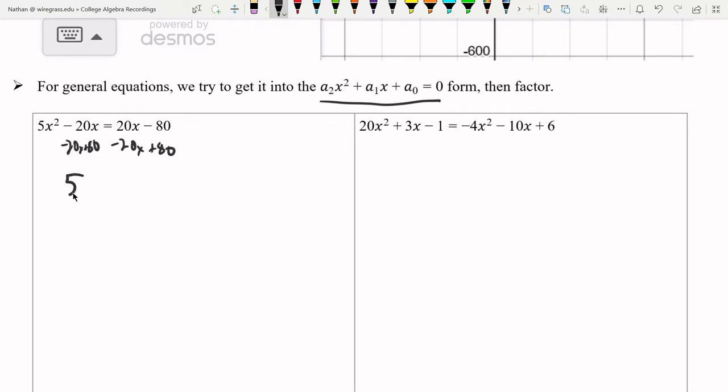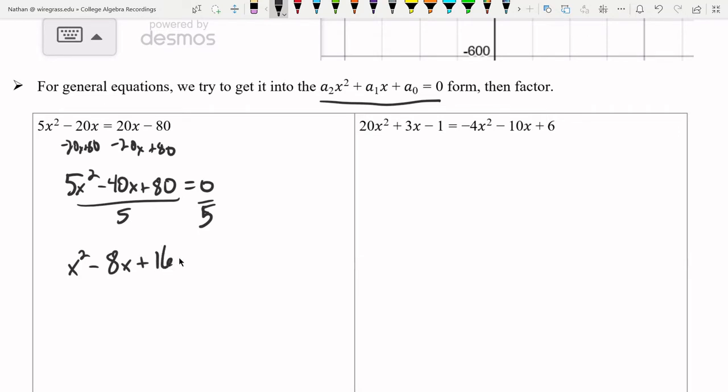That's going to give me 5x squared minus 40x plus 80. And now I can divide everything by 5. That's going to give me x squared minus 8x plus 16, I believe. And I can factor this thing down, right?